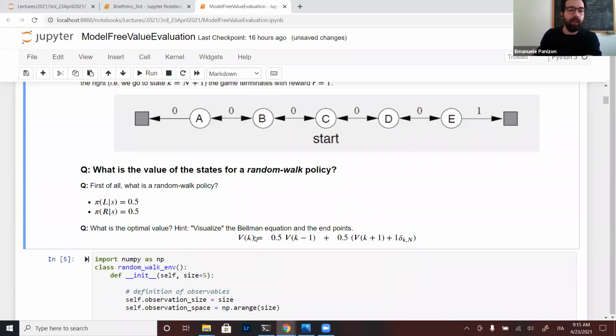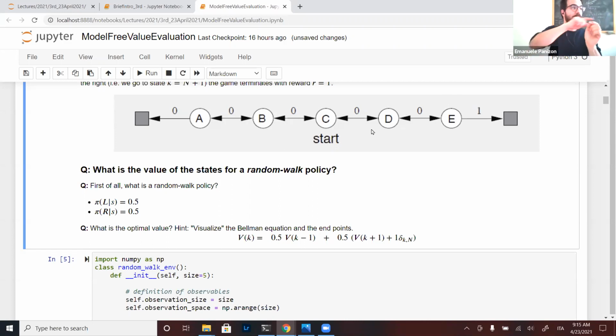Essentially the value in a state is half of the value from left, half the value from right, because the reward is always 0 except for the last part. So in all intermediate states, the value is the mean average of the two values left and right, except for the last place, in which you have the mean average between 1, which is going right, and the value of the left part.